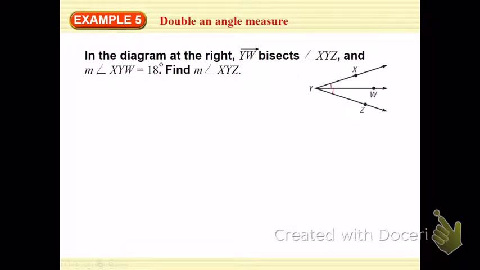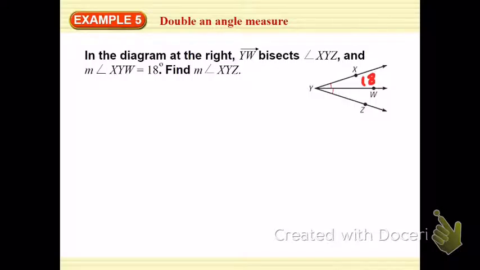Okay, in the diagram, at the right, YW bisects XYZ, and XYW equals 18. Let's mark that. This is 18. Okay, find XYZ. Okay, so if YW bisects that angle, what do we know about XYW and ZYW?